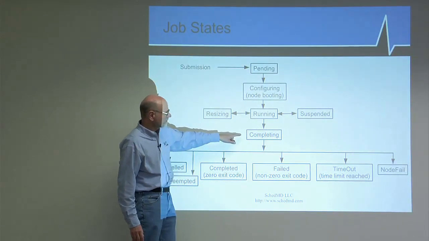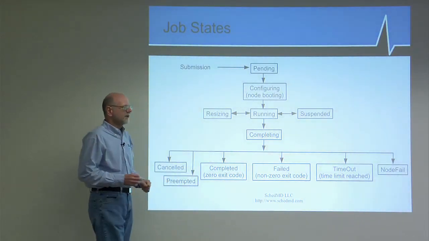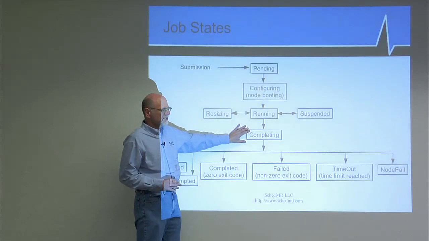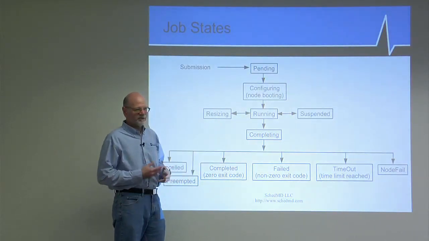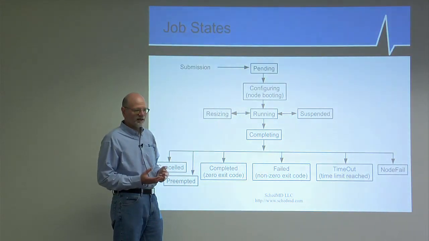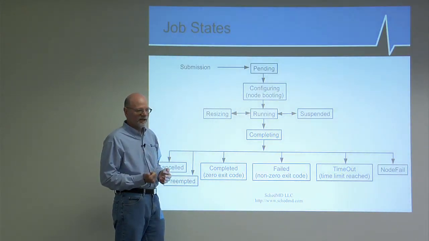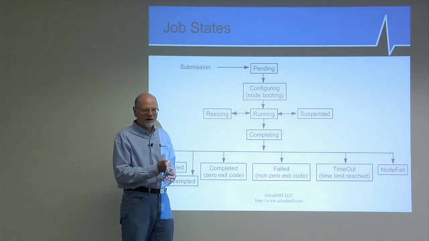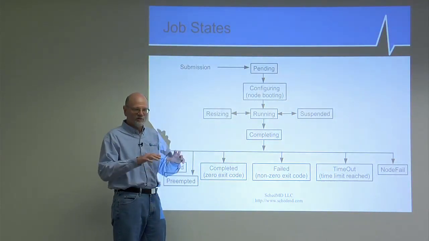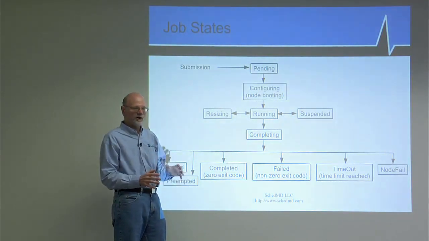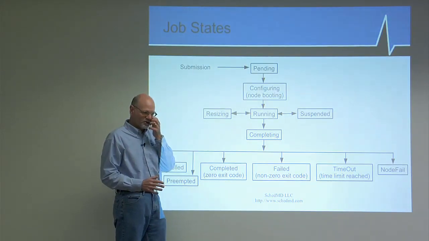One important note is that when a job goes into this completing state, as the epilogue completes and all the processes are terminated on the nodes allocated to the job, as soon as that happens on any one of those nodes, those resources on that node are instantly available for another job.